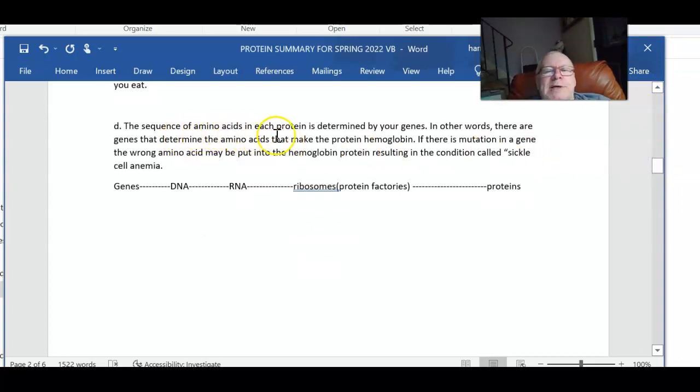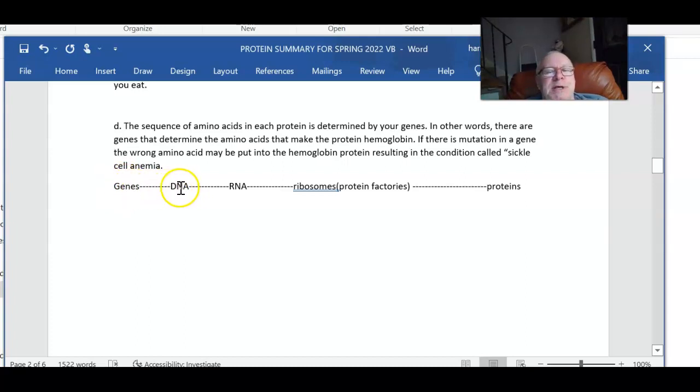The sequence of amino acids is determined by your genes. You have all these different proteins in your body made up of strings of amino acids in specific sequences. It's determined by your genes. And the way it works is this. You have your genes, which are in the nucleus of your cells in your body. That's where the genes are. The genes are made of DNA.